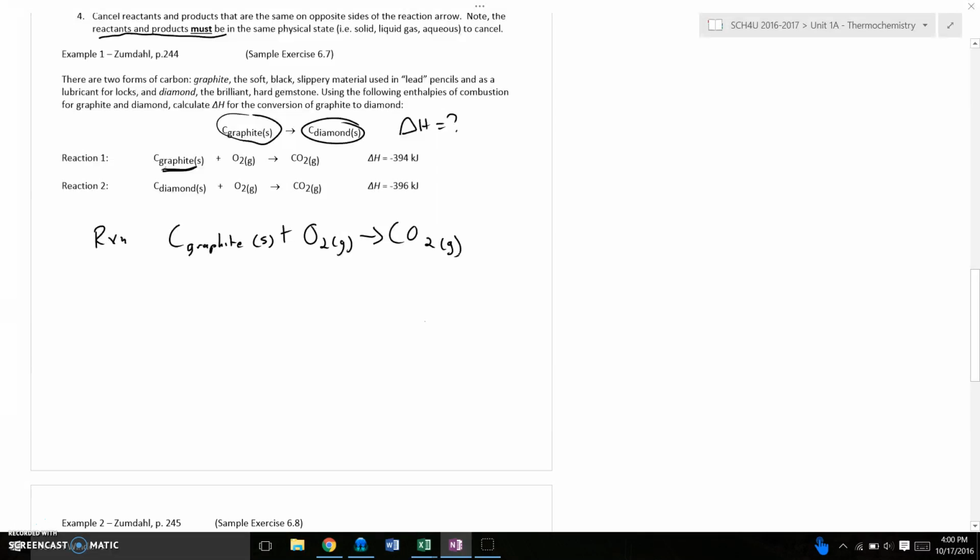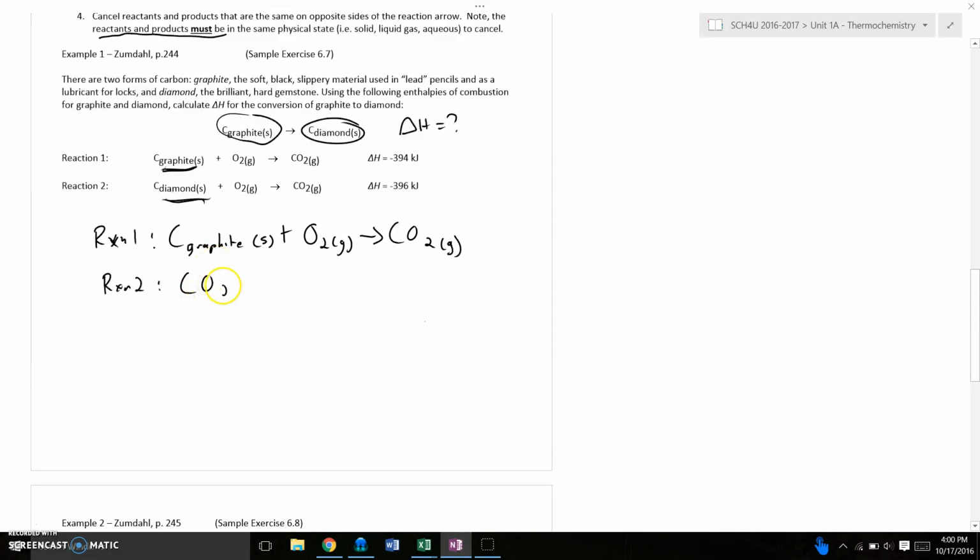Now, the next thing to notice is we also have an intermediate reaction with diamond available. However, it's on the reactant side. So we're going to rewrite reaction 2 below that, but we're going to reverse the order.